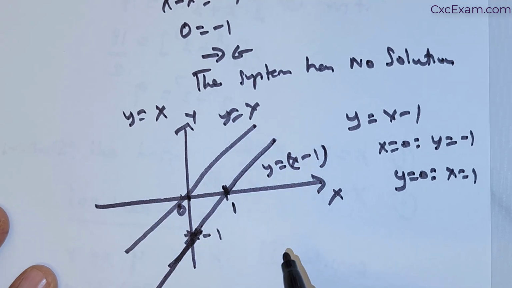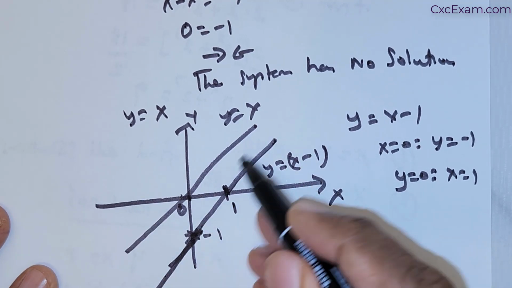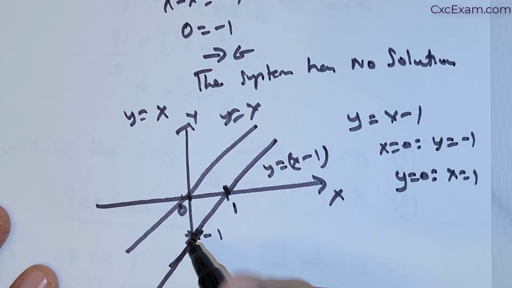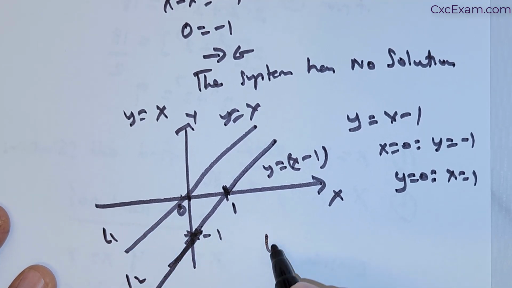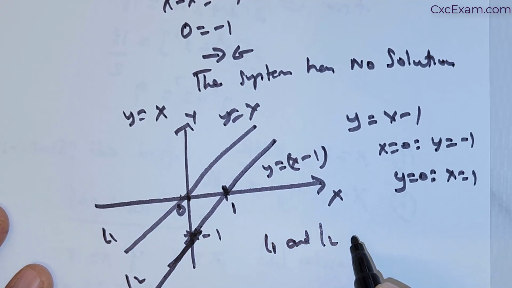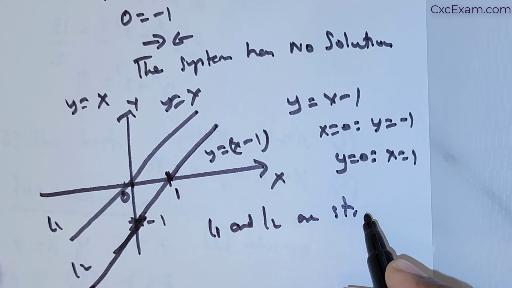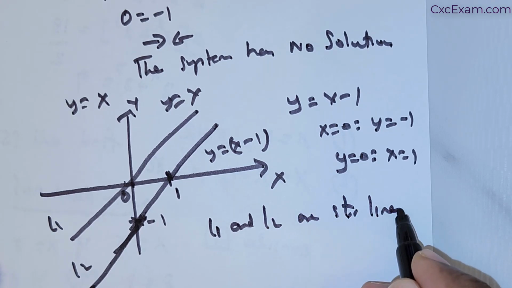The graph is just an approximation, so you have to ensure that you are drawing straight lines. So these two, L1 and L2, are straight lines.